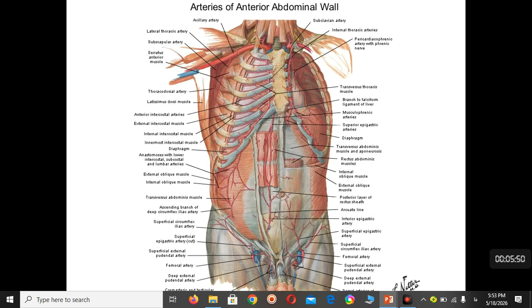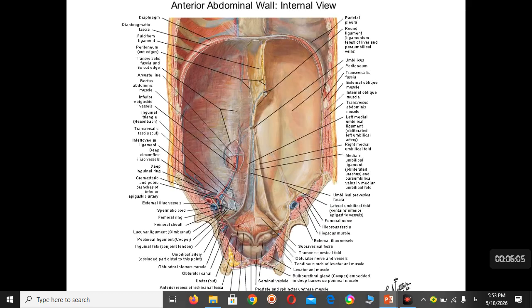You can see here, this is a part of rectus abdominis. Here, two layers, external oblique and internal oblique, are removed, and this is the transverse abdominis muscle. This is from the internal and posterior view in the abdomen.